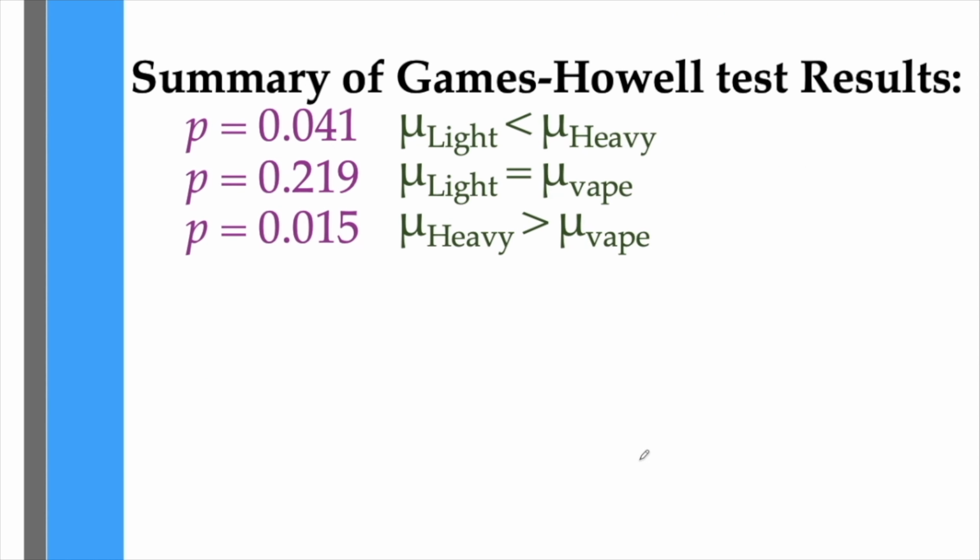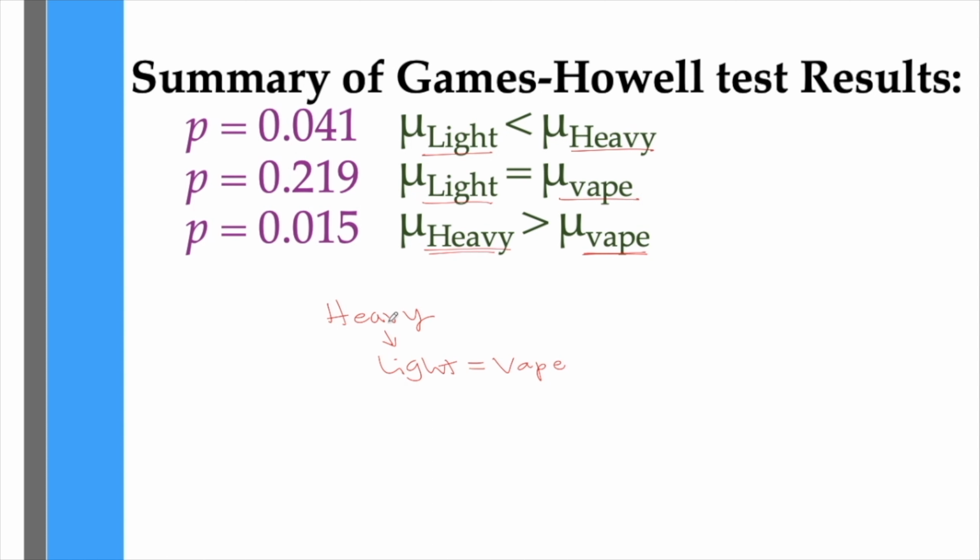So summarizing these three, since light is less than heavy, I may write light below heavy. And then light is equal to vape, so I may write light on the same level as vape. And then heavy is greater than vape, so in other words, heavy is higher than vape.